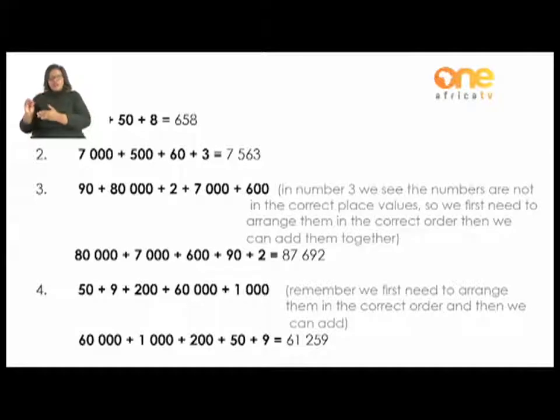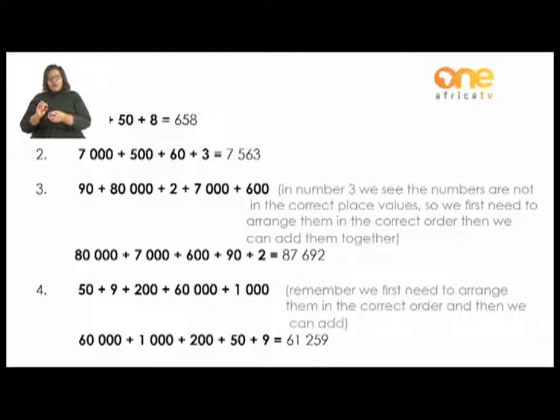Number 4, 50 plus 9 plus 200 plus 60,000 plus 1,000. Remember, we first need to arrange them in the correct order, and then only we can add. So we arrange from the biggest value to the smallest.